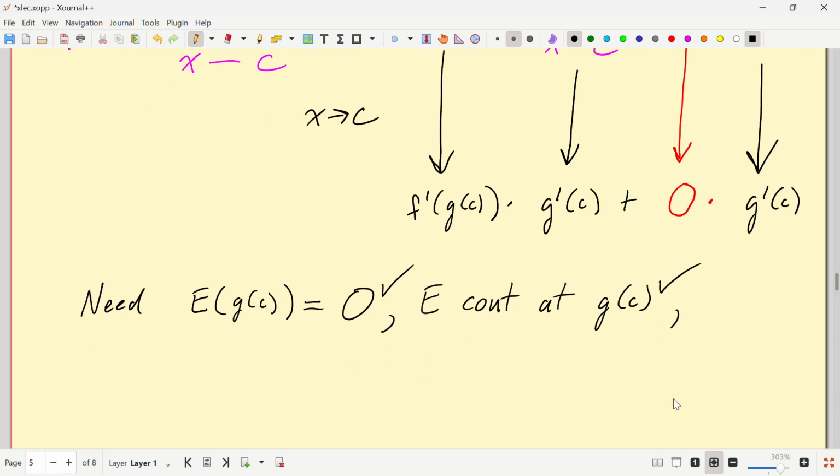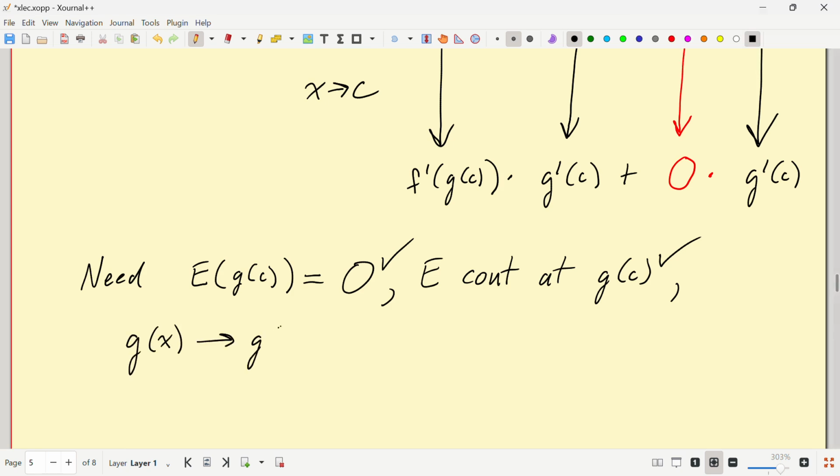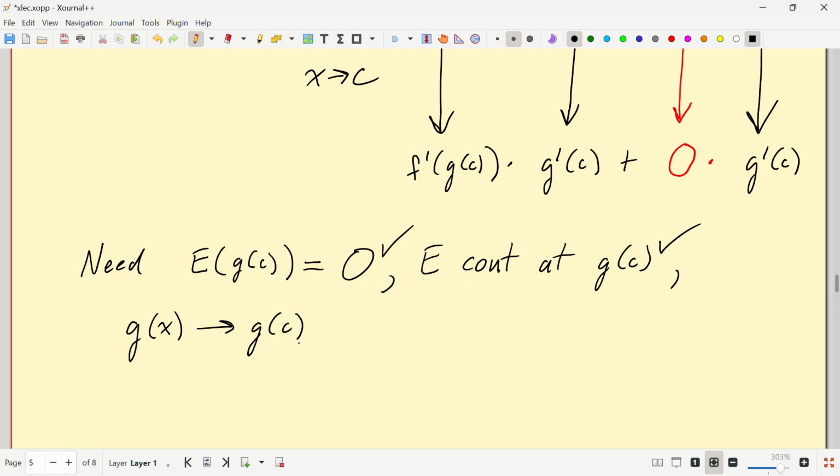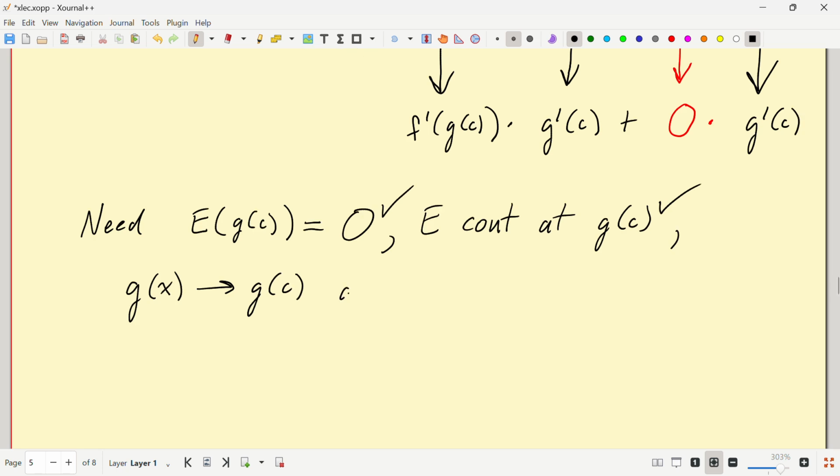And we need to know that g of x tends to g of c, so that we know that composition of continuous functions are continuous. We probably glossed over that in freshman calculus. That's a check because g prime exists implies g is continuous.